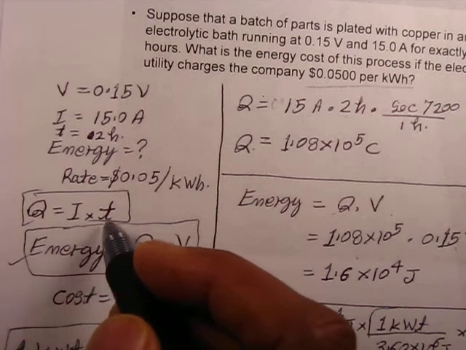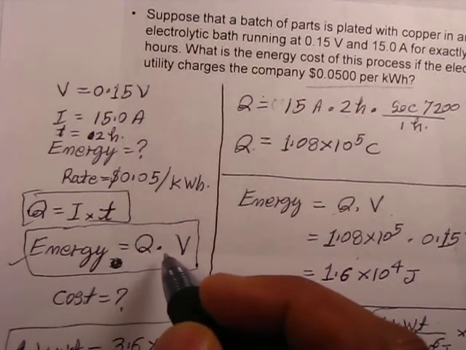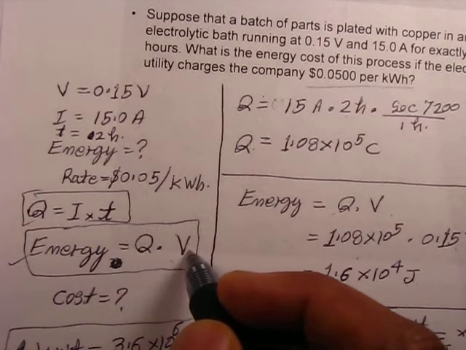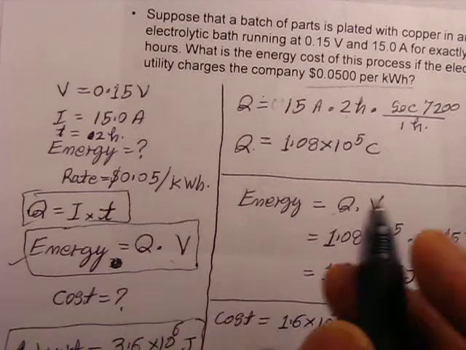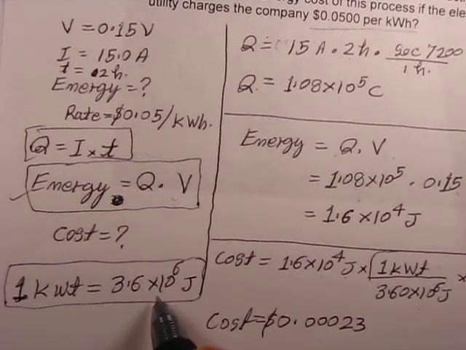First, Q is equal to IT, and energy is calculated by QV, charge multiplied by volt, and 1 kilowatt-hour is this many joules.